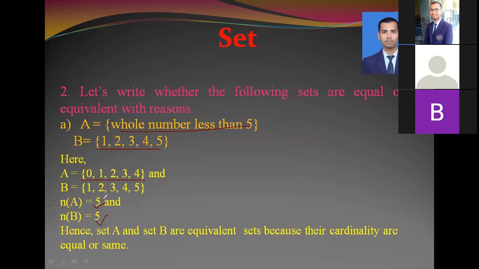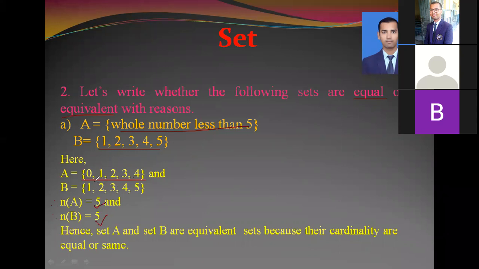In equal or equivalent sets, we need equal cardinality and the same elements. If a pair of sets has equal cardinality, then they are called equivalent sets. But with equal cardinality, if their elements are also the same, then they are called equal sets.